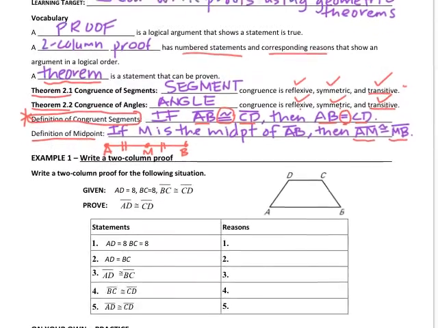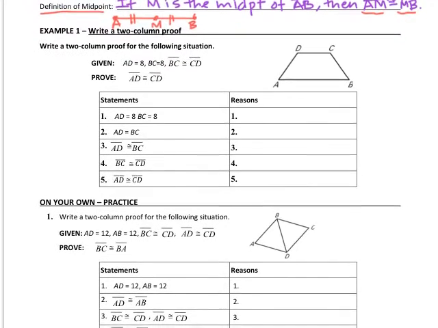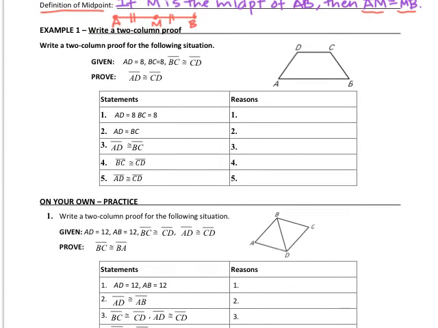All right, we're going to start our first proof. Example number 1 is asking us to write a 2-column proof, and so there are some tips that you want to pay attention to. For instance, whatever we're trying to prove is always going to be written as our very last statement. And whatever we've been given is going to be somewhere in the statements. Generally, the first thing is going to be what we're given.